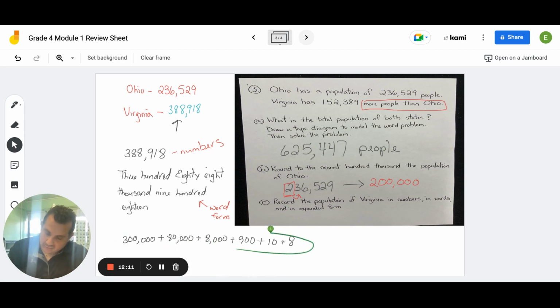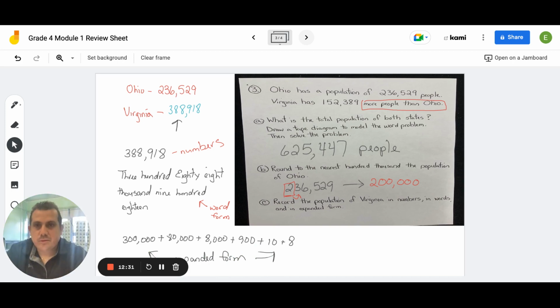Good. Oh, I did all three forms. This is going to be our expanded form. Excellent. Okay.